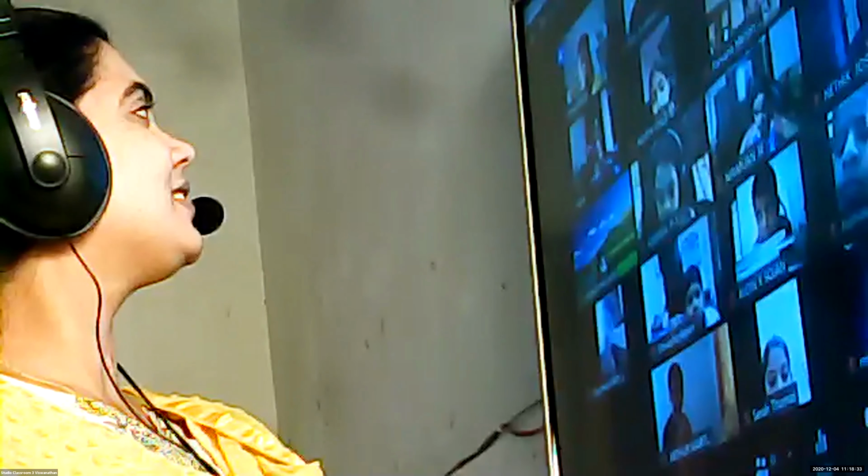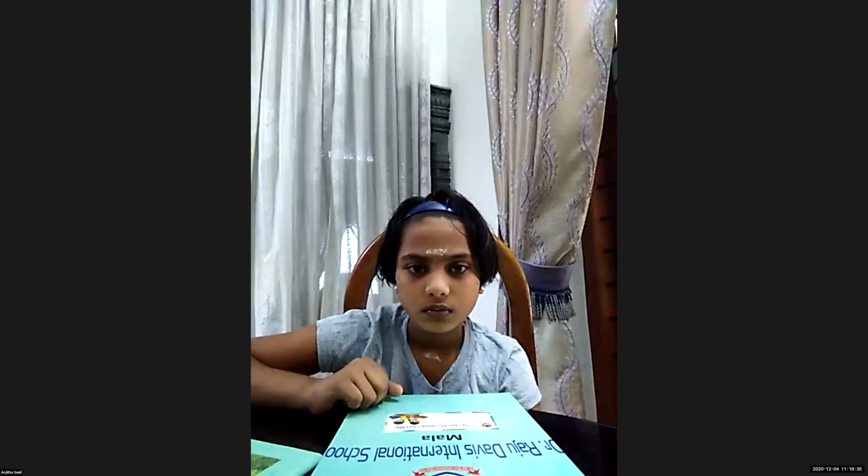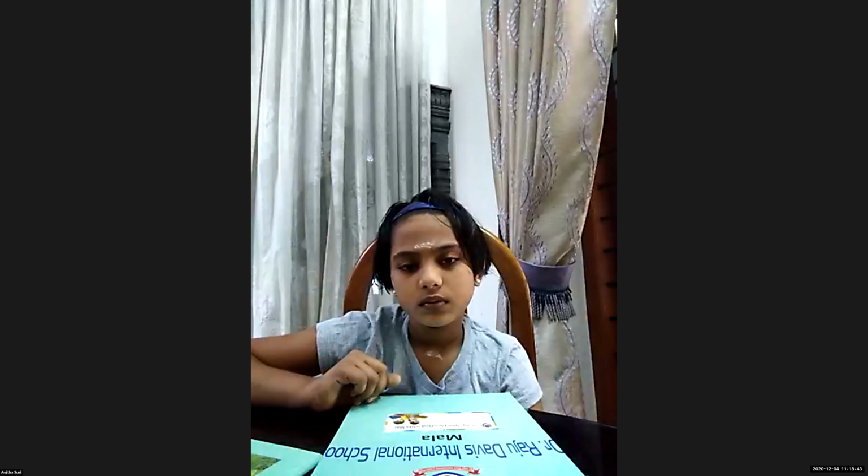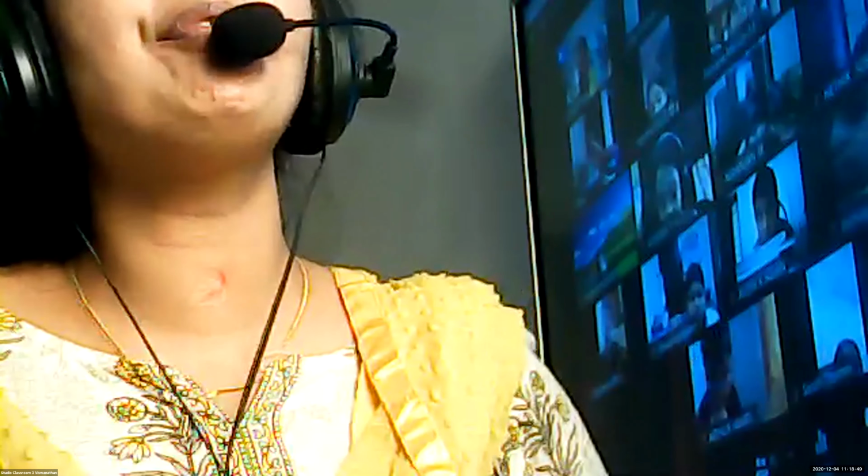Parvana, unmute. What will be the position of the minute hand if it is 30 minutes? 6, because 6 into 5 equal to 30. So the position of the minute hand will be on 6.